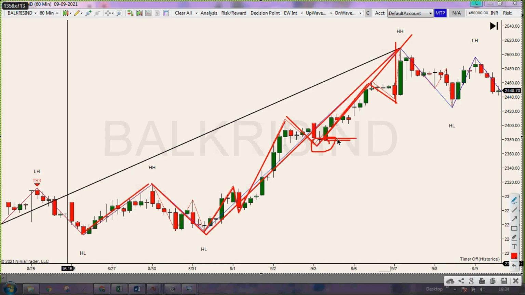By just seeing here, I have given it. I gave it at the time this candle was forming. From here, around 10:30, this is the low, right? From here, how far did it run? 2500, from 2380, more than 120 points.